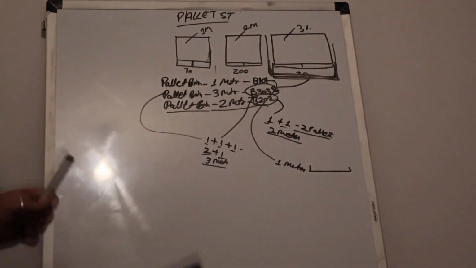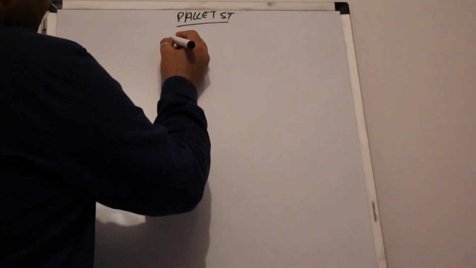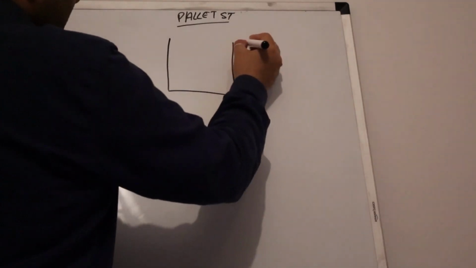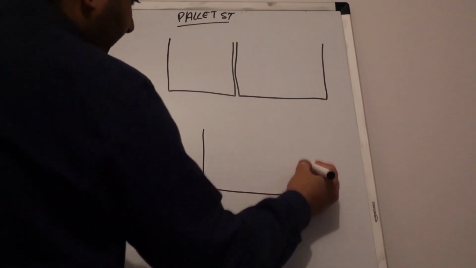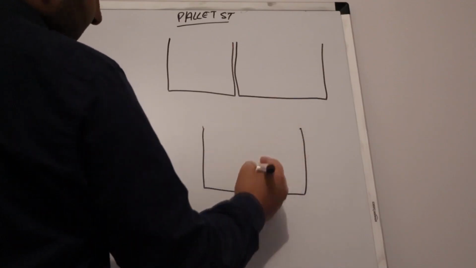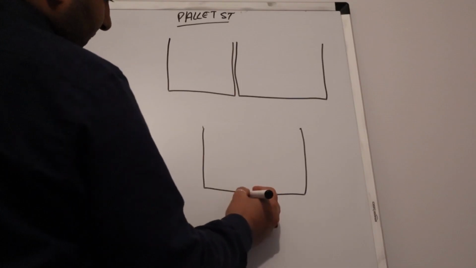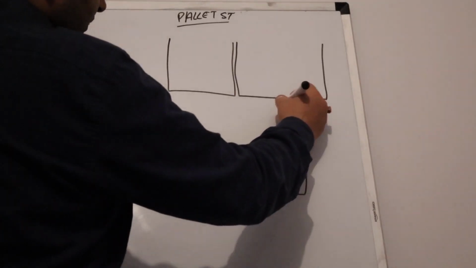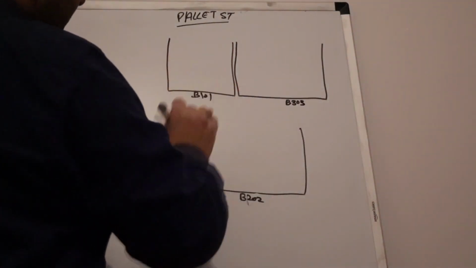For an example, suppose in my warehouse storage type I have one bin, another bin, and another bin. Okay, this is the bin you can consider. So bin 202, B303, you can consider 3 meter, 2 meter, B101.